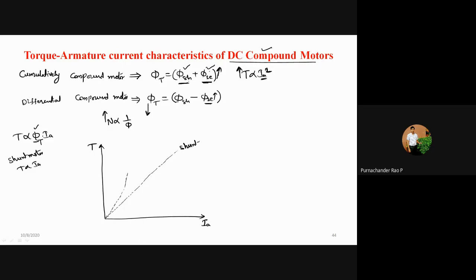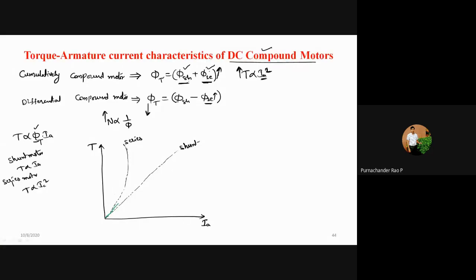It is parabolic in nature, because for a series motor torque is proportional to Ia square, so it is a parabola. So this is the series motor, and our characteristics for the compound looks like this.